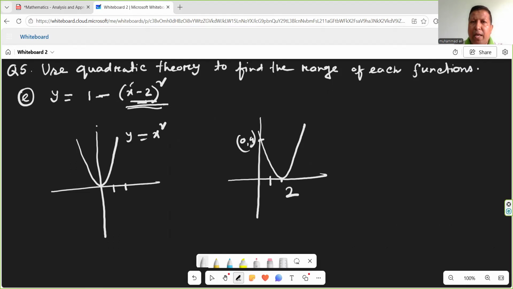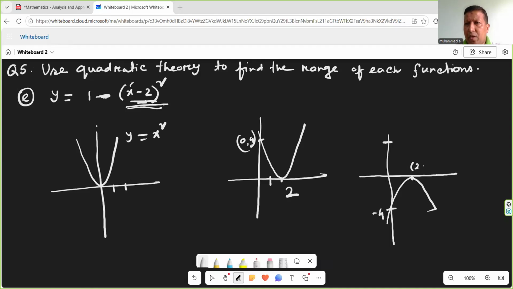Now, if we multiply here by minus, then it means vertical stretch of scale factor minus. That means here y value is 0, but here y value is 4. The curve shape will be like this. So this is 2, 0.